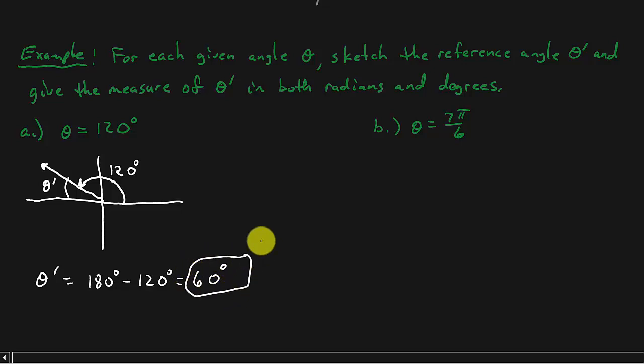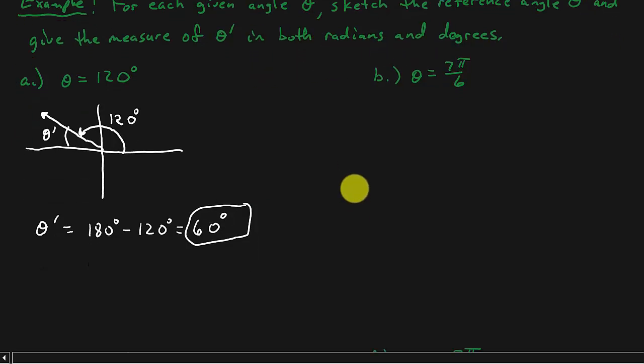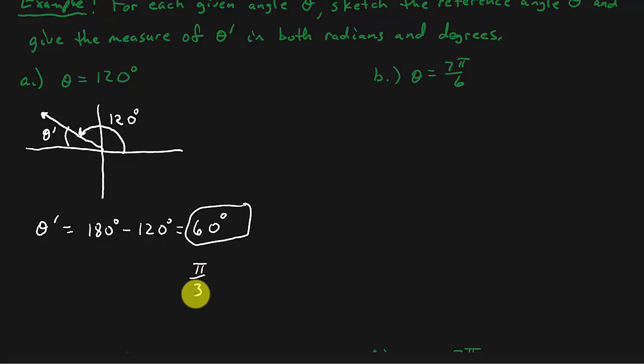And actually, when this book says give your reference angle in both radians and degrees, you've got 60 degrees, so they're wanting you to also write pi over 3, just to get you familiar with degrees and radians.